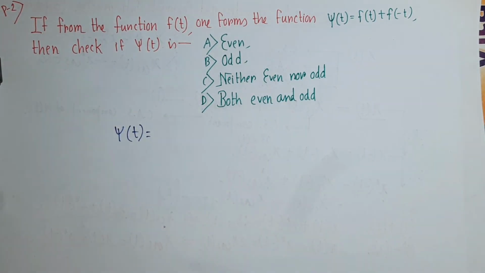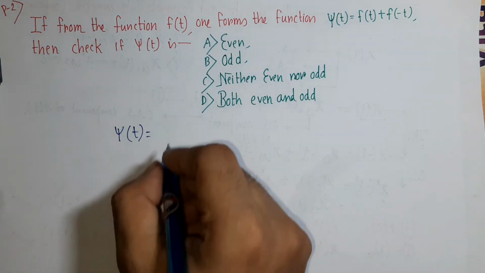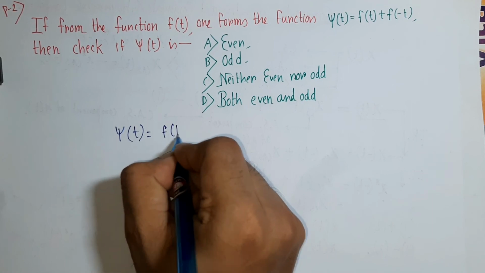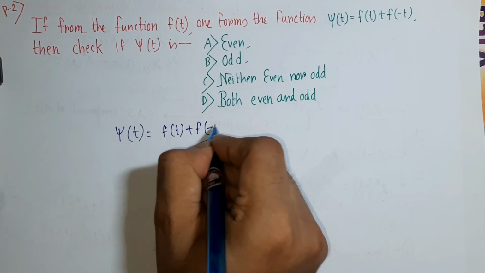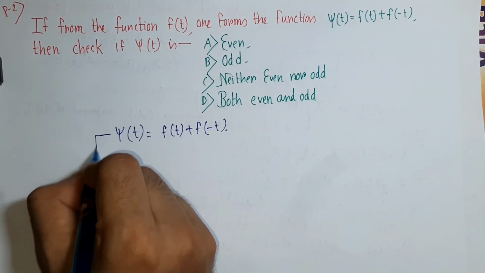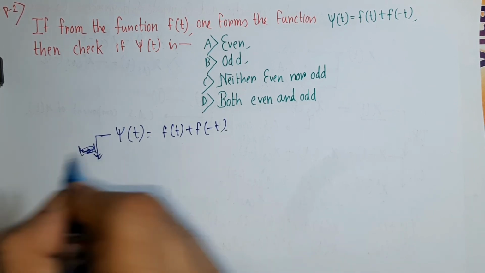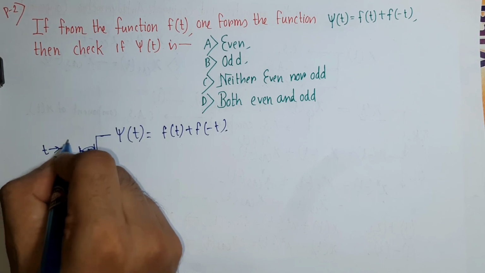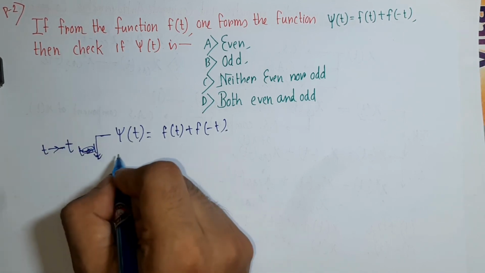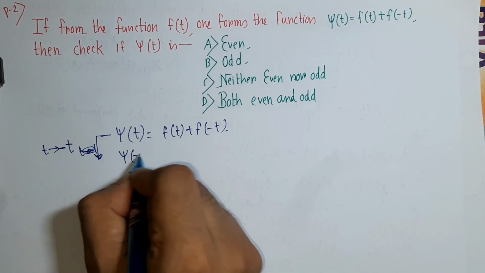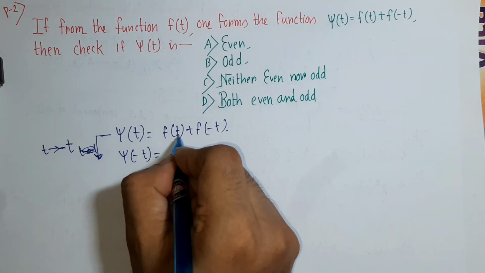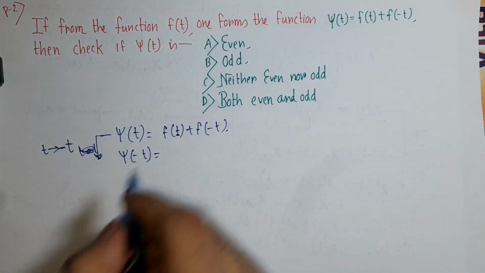I want you to be flexible with every kind of problems that can be asked from any topic. So psi t is given as ft plus f of minus t. So let's replace t by minus t and let's find out the expression. Replace t by minus of t. So I will have psi of minus t is equal to, the time variable t has to be replaced by minus t.